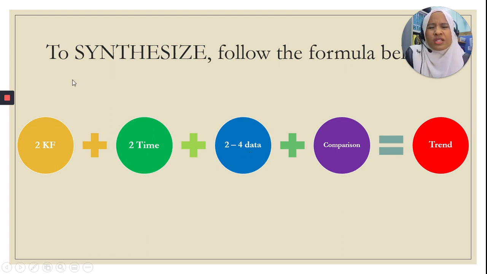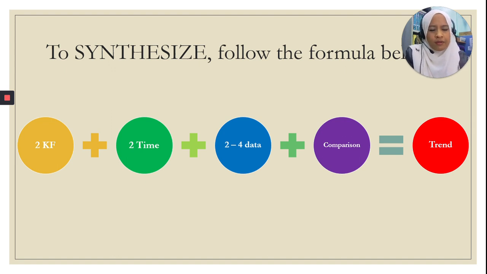So just now with analyzing, we look at 1 key feature across 3 different years, or you compare 2 key features within 1 year. To synthesize, you have to use 2 key features and compare them across 2 different time frames and use 2 to 4 sets of data.